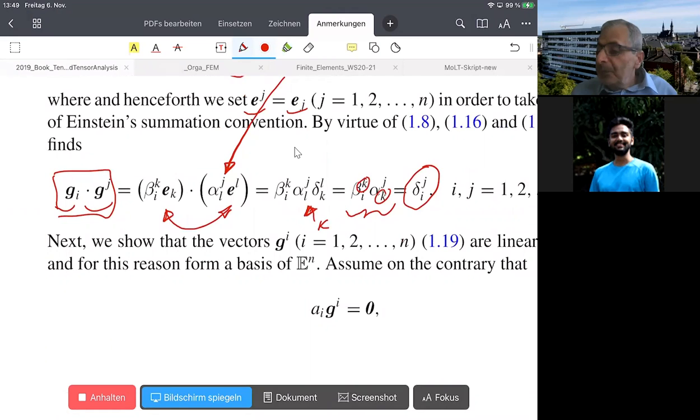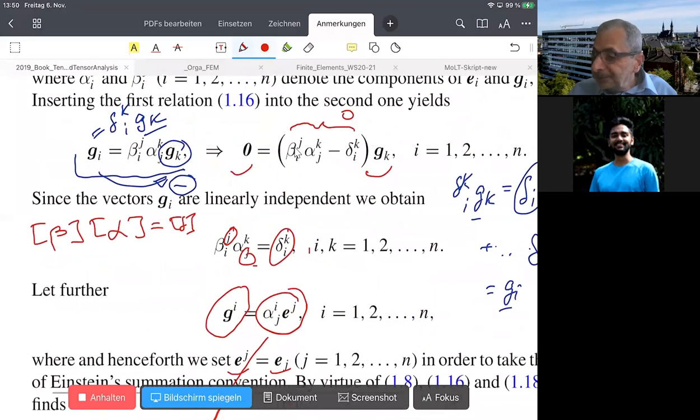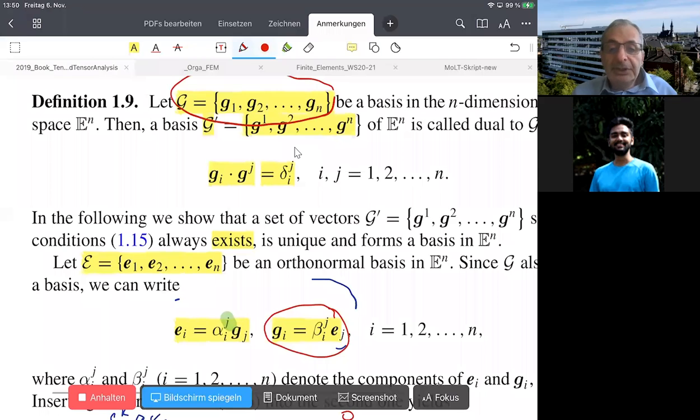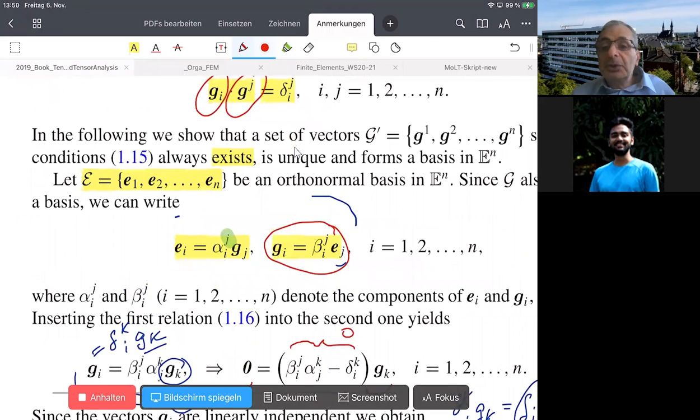Maybe a summary of this. We defined the dual basis here. GJ is the dual basis dual to our original basis GI, but we don't know whether such a basis exists. And what we do here, we use an orthonormal basis.